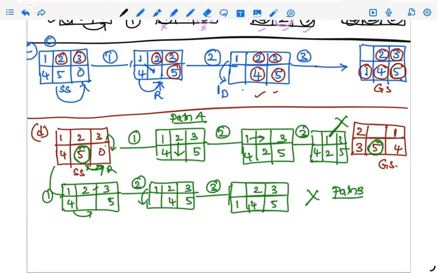So we have two chances here. Right? If we move 5 here, 3 here, so two chances are completed here, or 2 here also, right? From this, for the second move, 1 2 3 4 5.